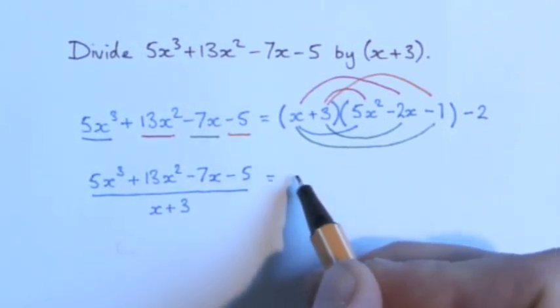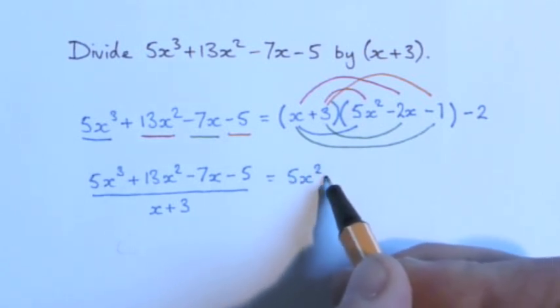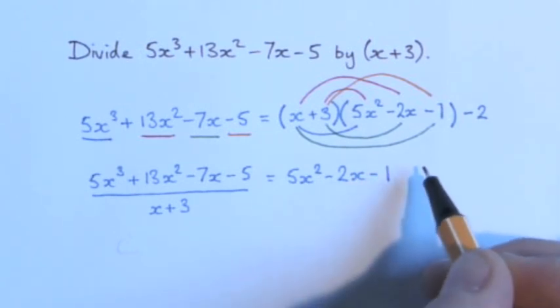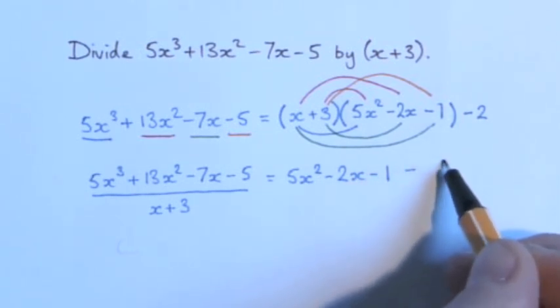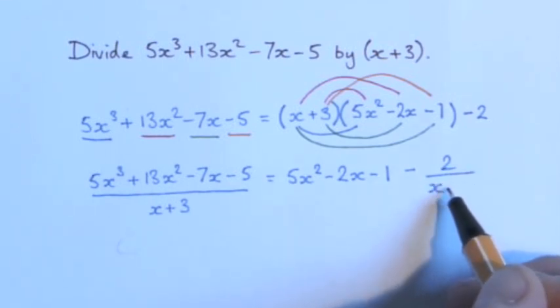So we will be left with 5x squared minus 2x minus 1 minus 2 over x plus 3.